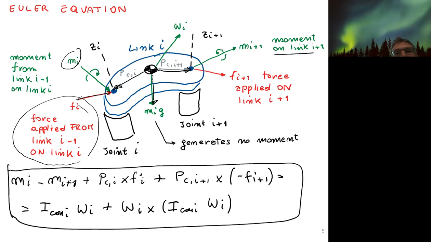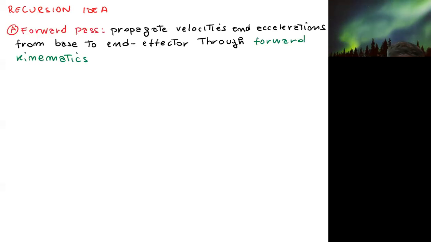Now that we have these two equations that allow us to compute the balance of torques and forces for each rigid body, we use this recursion idea that, in essence, tells us to first propagate velocities and accelerations from the base frame to the end effector through forward kinematics.